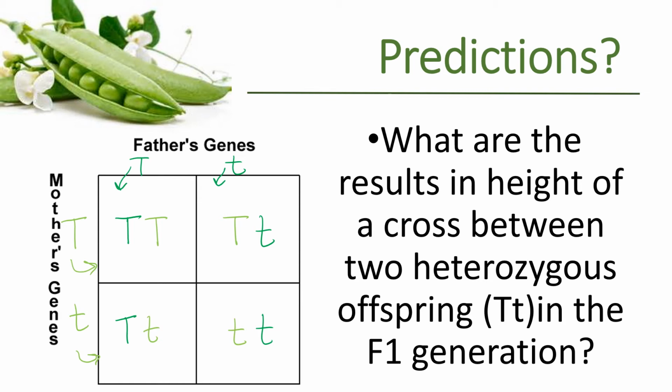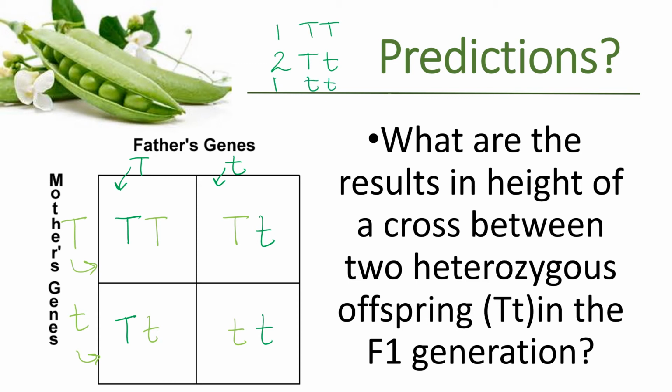And this one we get a little bit of a mix. We see that there's going to be one part of the offspring that have big T, big T. Two parts of the offspring can have big T, little t, and the last one can be little t, little t.